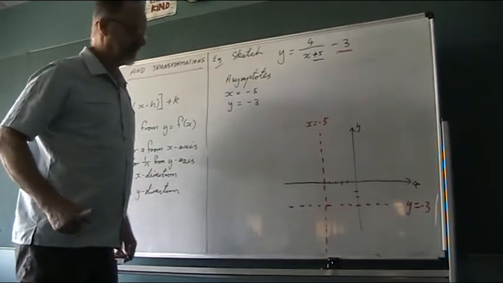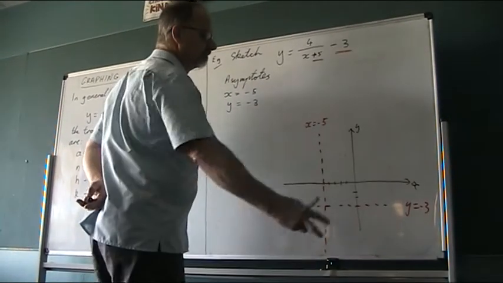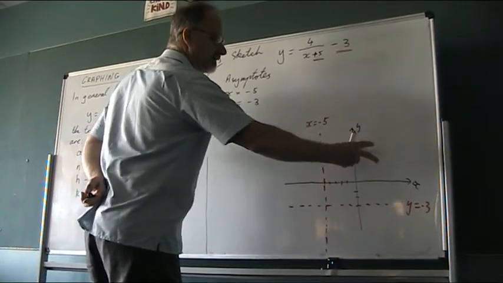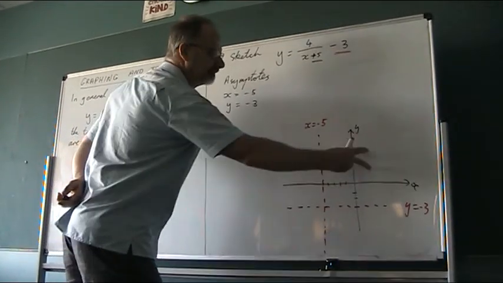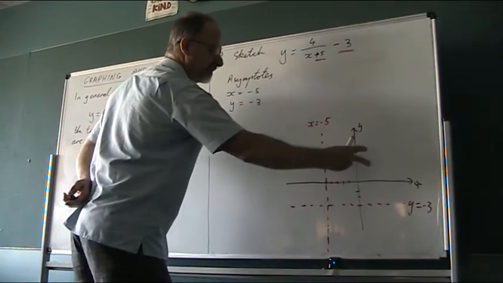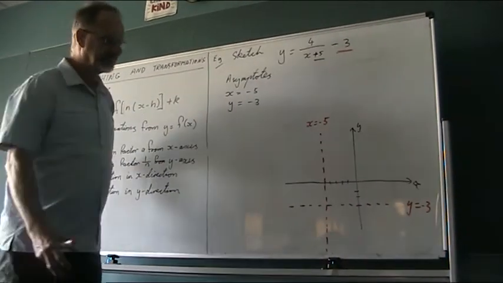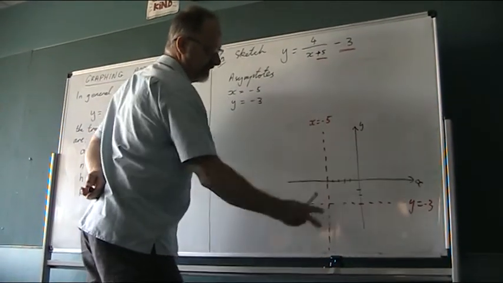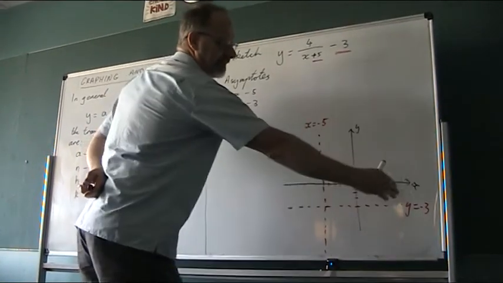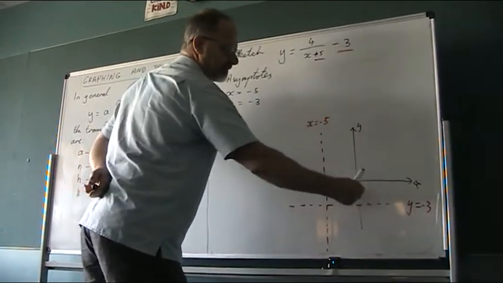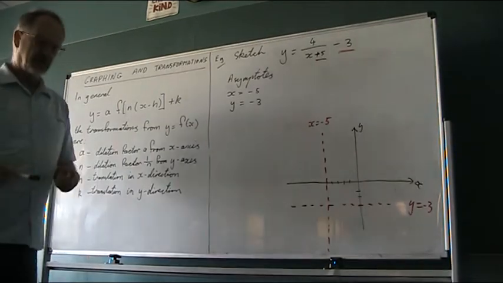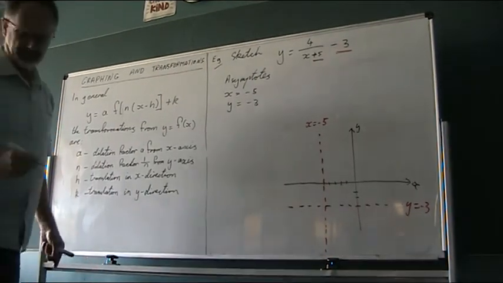There's 2 bits to it. Our standard one's here and here, unless there's been some sort of reflection, which there hasn't been. The bit that's here is going to cut through the axes. So we can find some intercepts.